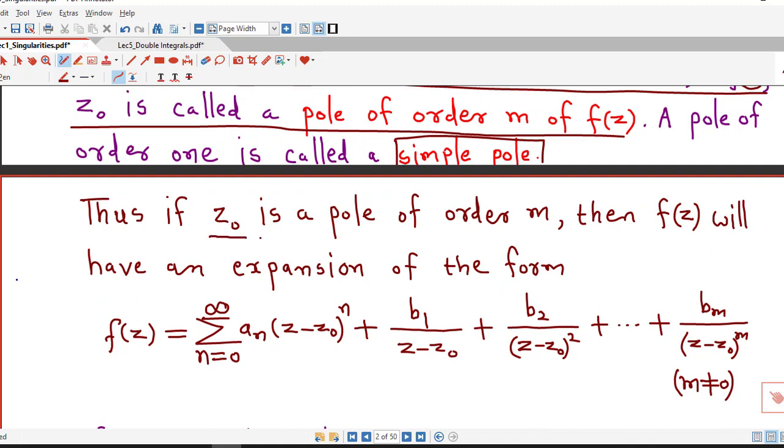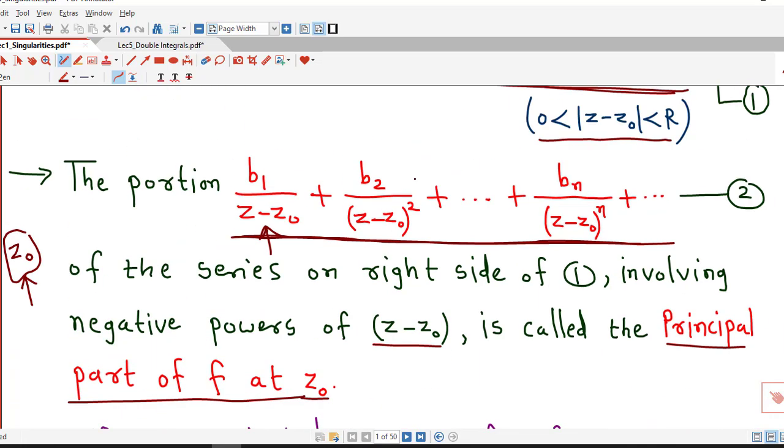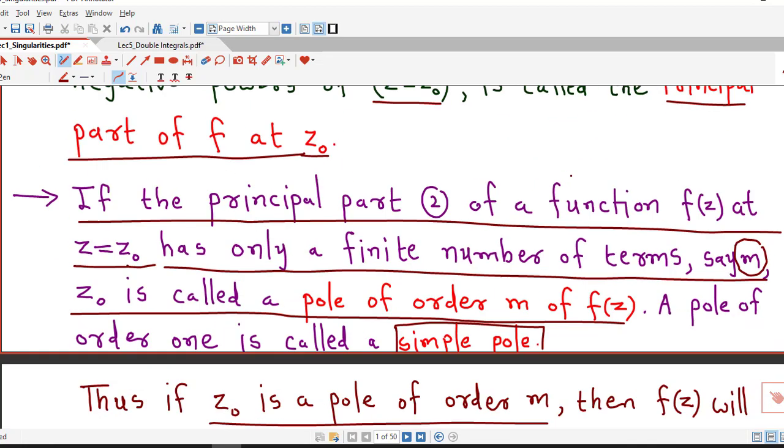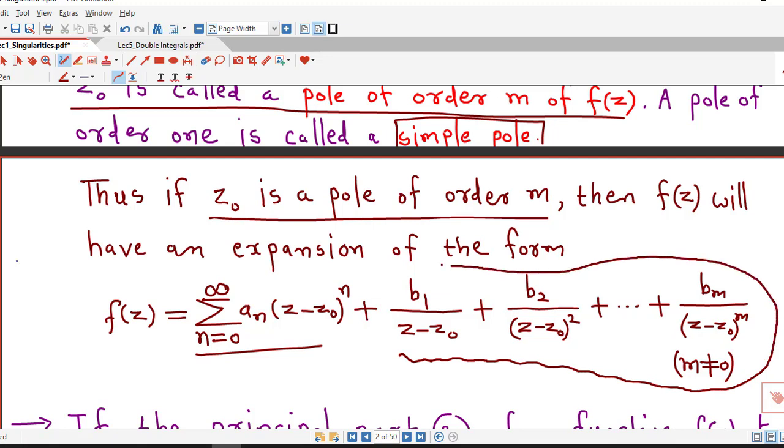So if z0 is a pole of order m, then the principal part will have m non-zero terms b1, b2 up to bm. So if z0 is a pole of order m, then the Laurent series expansion will look like this. Here the number of non-zero terms is small m in number. So the principal part contains m non-zero terms.